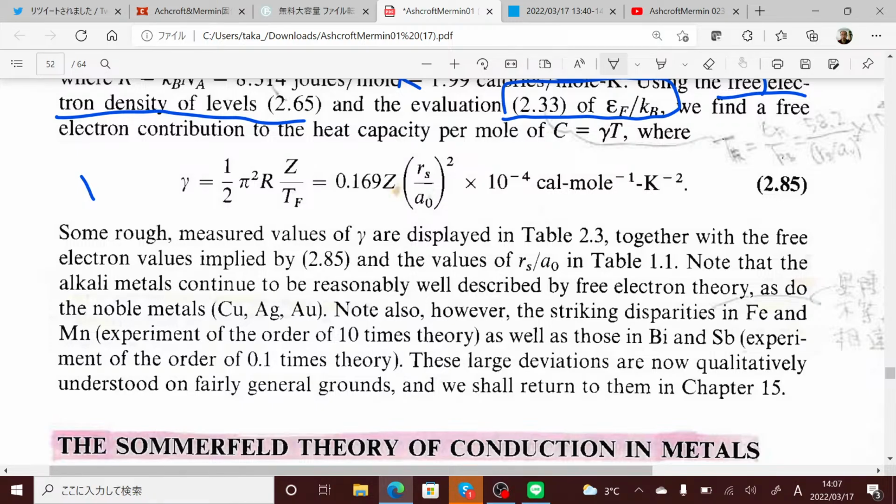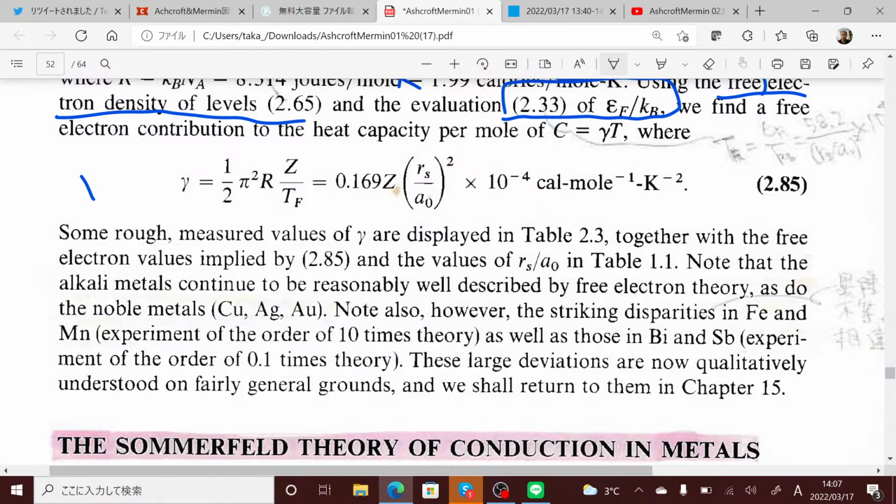Note that the alkali metals continue to be reasonably well described by free electron theory, as do the noble metals copper, silver, gold.